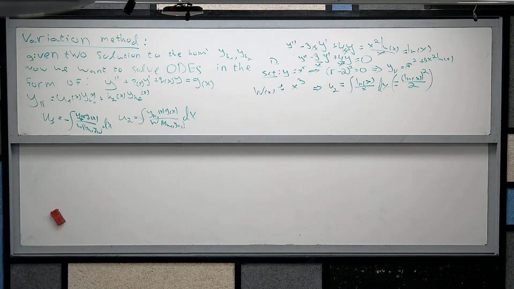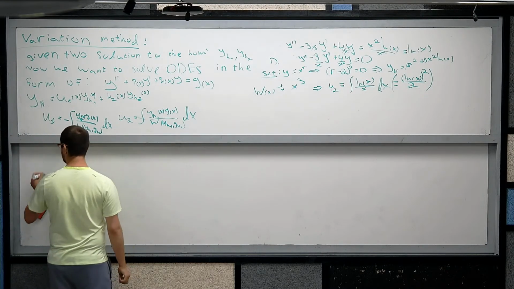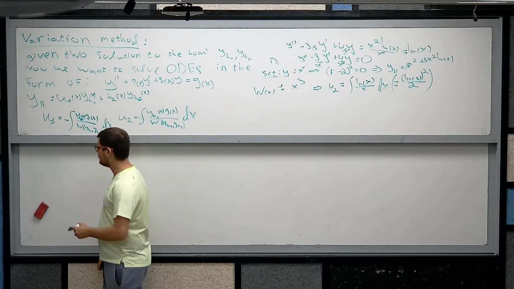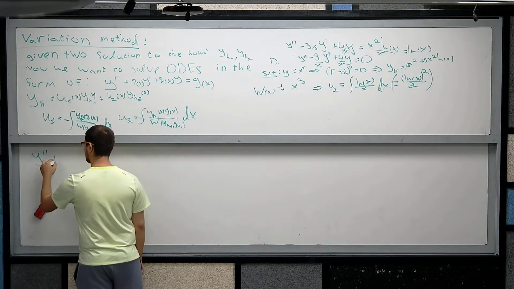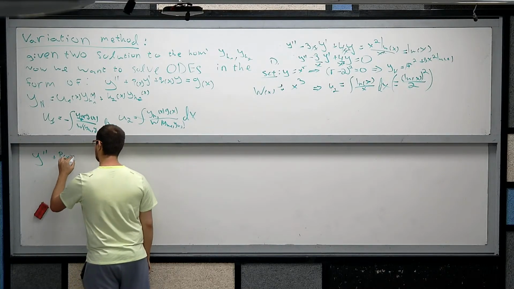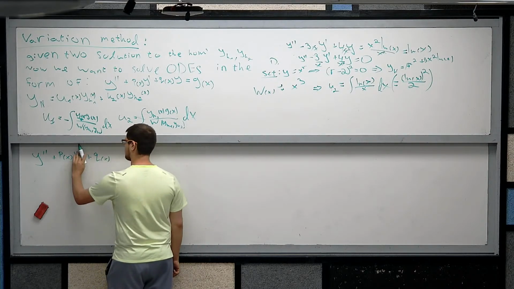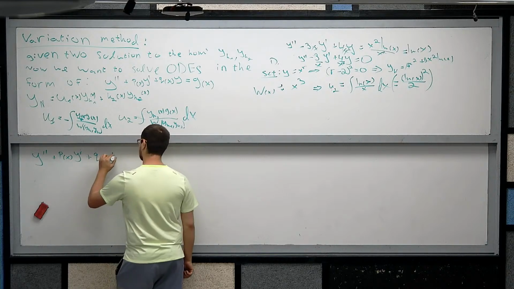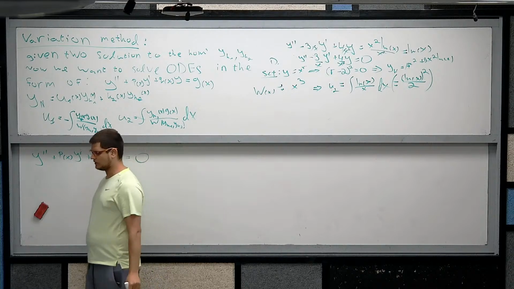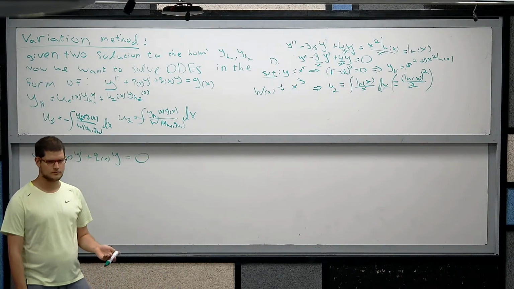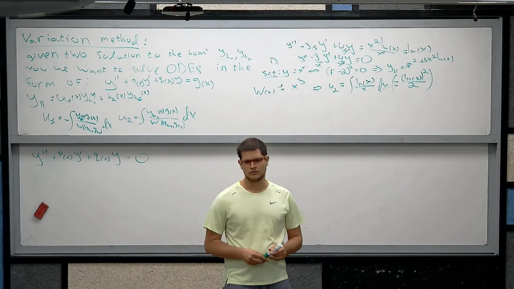But okay, so ordinary point. Before that, let's set the equation. For now, I'm talking about an equation in the form of y double prime plus p of x y prime plus q of x y. Now we are only talking about the homogeneous equation. Why? Because we know how to find the particular.